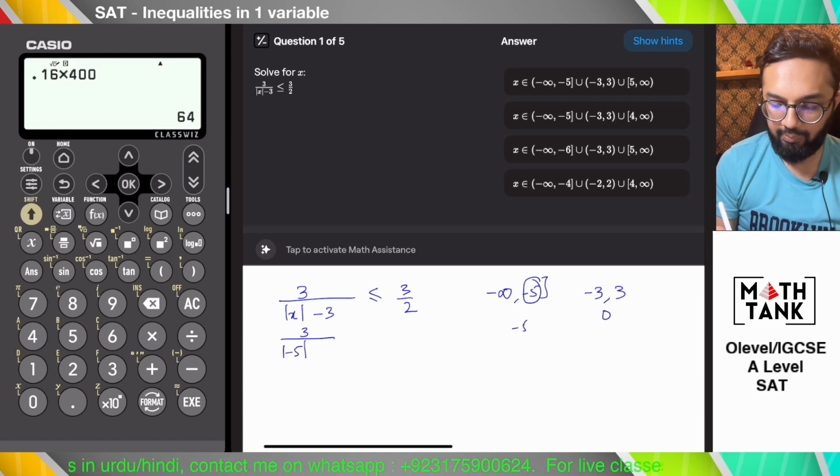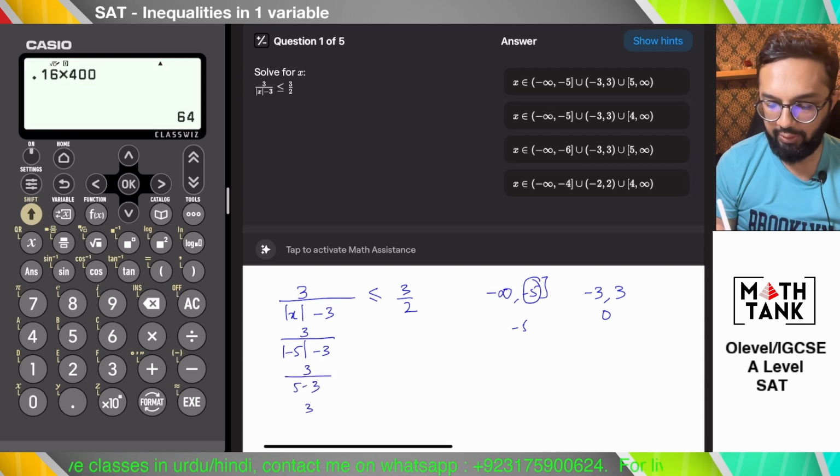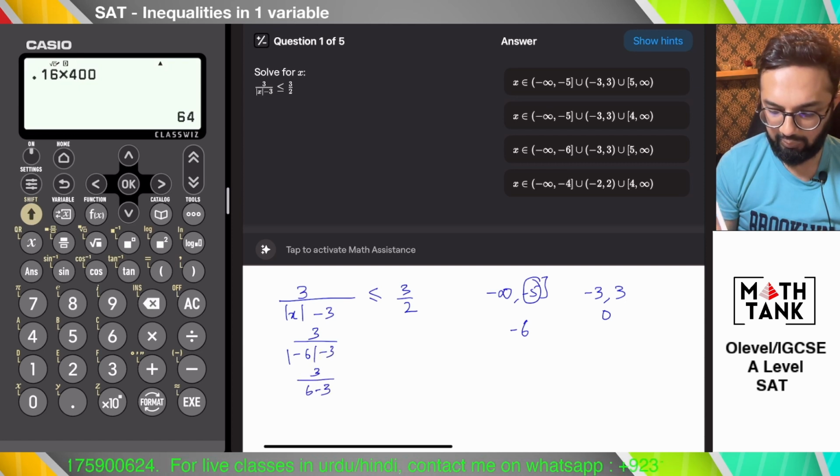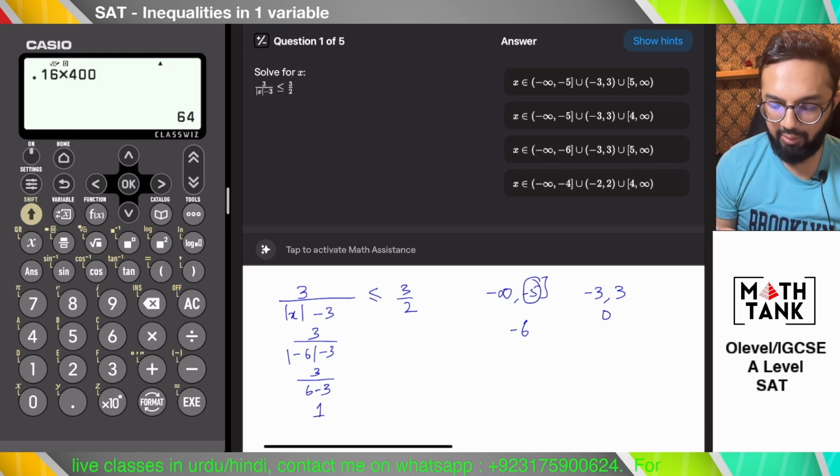Okay. 5 minus 3, so 3 over 2. Okay, I should in fact use something less than minus 5. Let's use minus 6 so that we know if the inequality is working out or not. So minus 6. So that gives me 1.